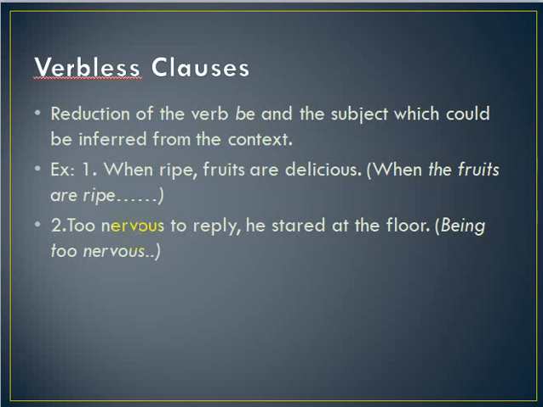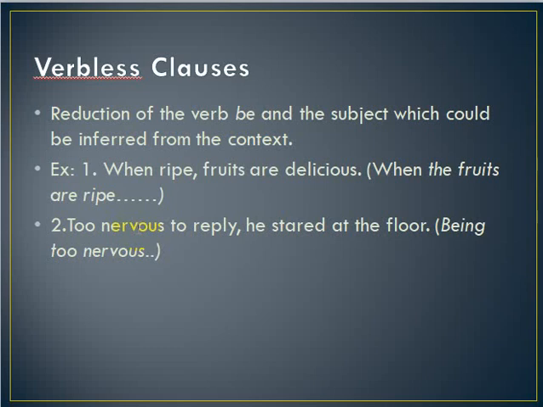Here in this case, verbless clauses, apparently, or explicitly, they do not have verbs or subjects, or sometimes subjects and verbs, but implicitly, there are the subject and the verb. Okay, there are the subject and the verb.